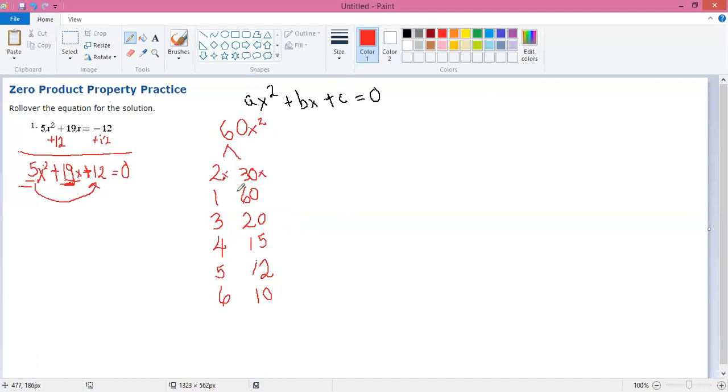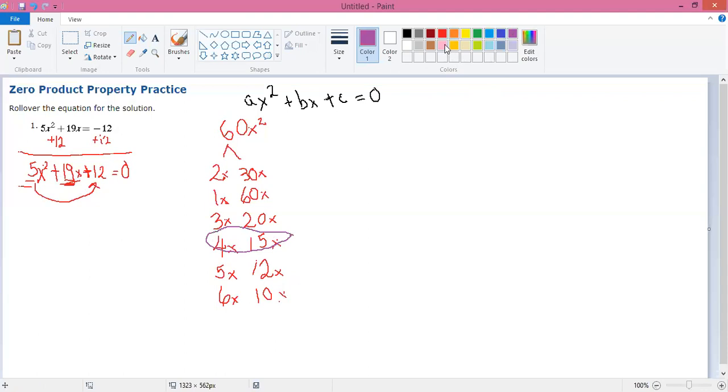And what I'm going to do, I'm just putting an x next to all these factors because they all have an x with them. So did you write down the list, or you didn't write down the list when we were going through them? Okay, well, I'll go ahead and tell you 4 times 15, because 4 plus 15 is 19, right? So those are the two factors that multiply together to give you 60, but they add to give you 19.